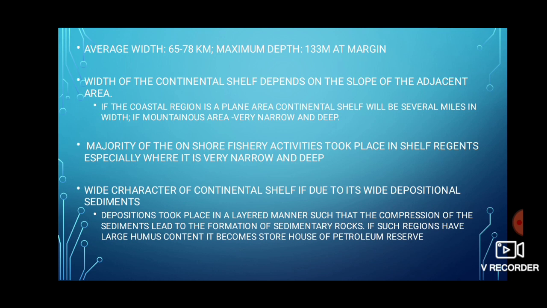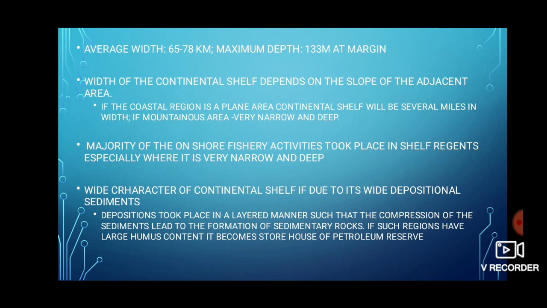At the same time, they are very deep. The majority of the onshore fishery activities take place in the continental shelf region, especially where it is very narrow and deep. Most of the major cities of the world, harbors, ports, and tourist centers are located in such areas where the continental shelves are very narrow and deep.